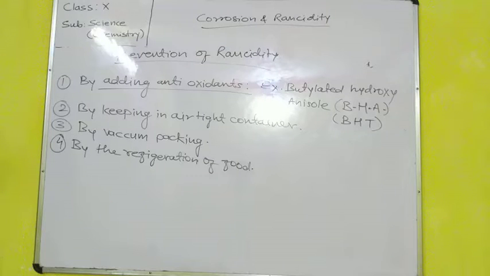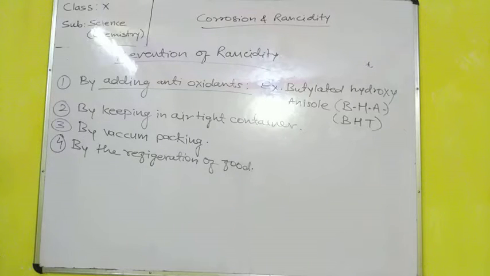Because for the oxidation of any food item or substance, a specific amount of temperature is required. So if we keep it in the refrigerator, because of the low temperature, oxidation is unable to occur.